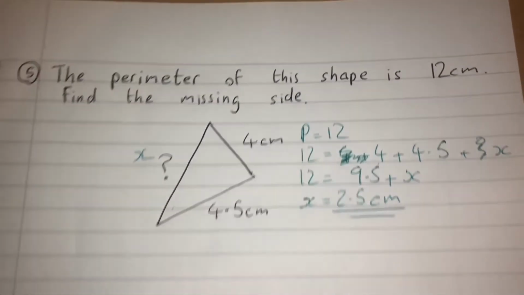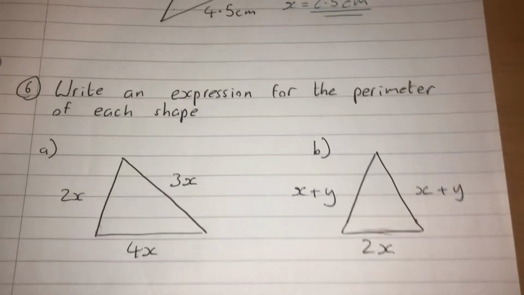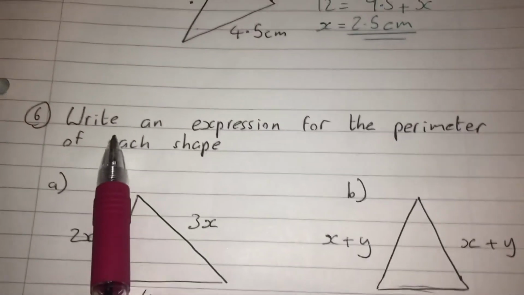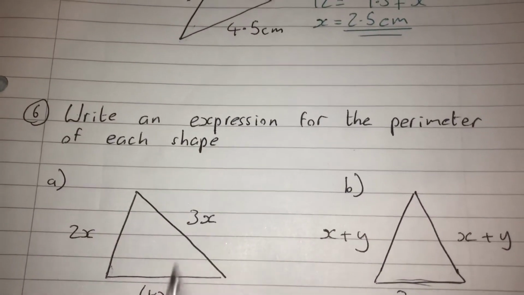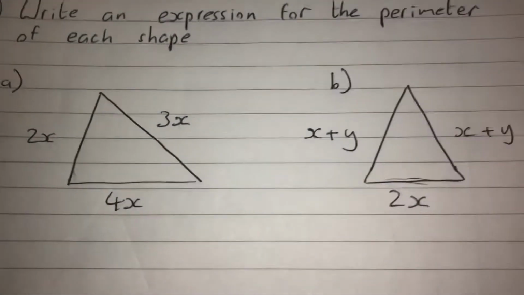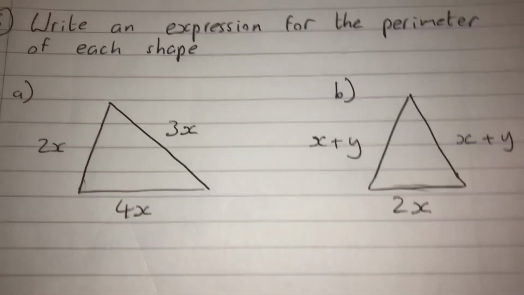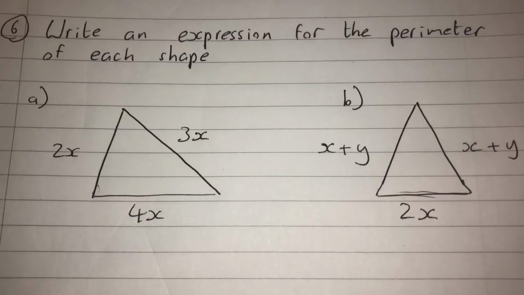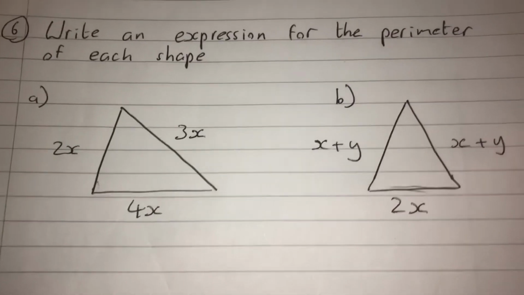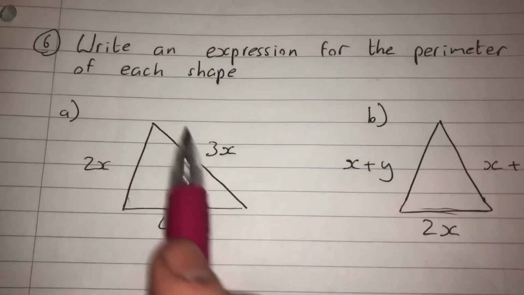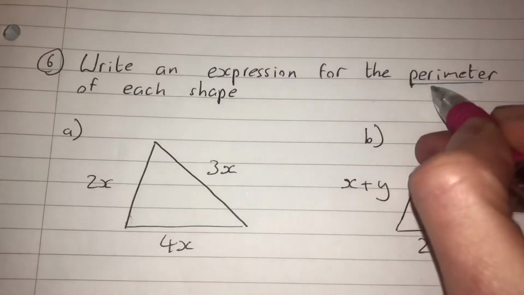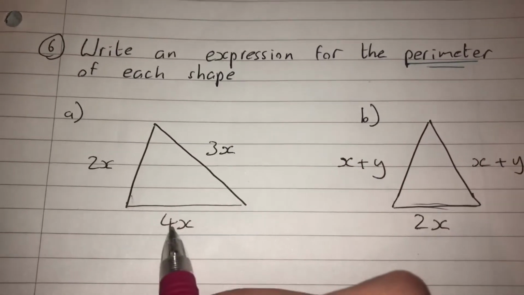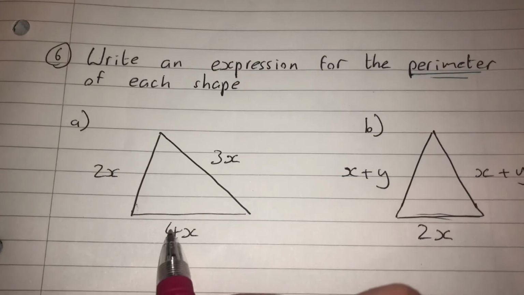All right. Lastly, again, it's where algebra can come into play here. Write an expression for the perimeter of each shape. If you think of what an expression is, thinking back to the video where we started looking at algebra, an expression we can't solve, but if we're asked to find an expression for the perimeter, well, the perimeter is just the three sides in the case of the triangle added up.